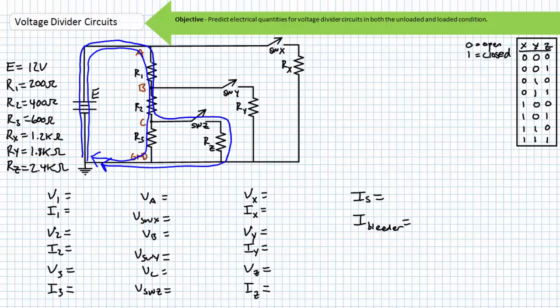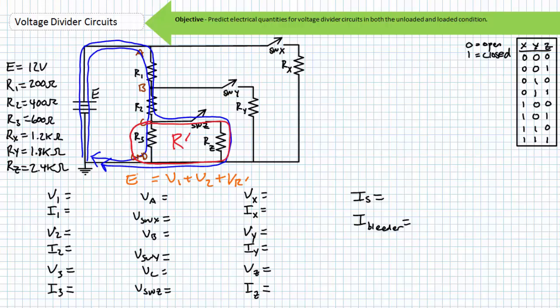When switch Z is closed, Rz is placed in parallel with R3 and R3 only. Source current will travel through R1, R2, and only at node C will bleeder current and current bound for load resistor Rz part ways. Since R3 is in parallel with Rz, the voltage drop across these two components will be the same.